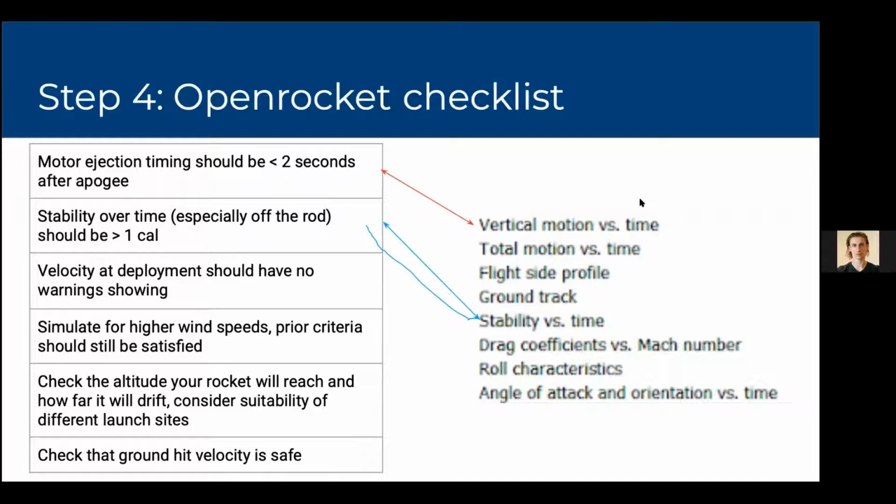If you use the stability over time graph, you'll see right at the start, it's often a lot lower because your rocket is moving a lot slower. Because stability is related to the speed your rocket is going, you want your rocket to be going as fast as possible, as soon as possible, to be getting off that rod stably and making sure it's going up straight. Little bit of a trick question.